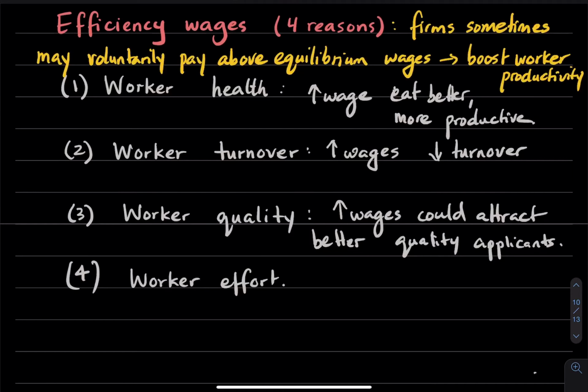Okay, and the last factor here is worker effort. When you're working, you have the option of working and shirking. Shirkers are people who don't work and are lazy at their job. If you're paid a lot more than the market rate, then typically you would work hard, and that's an incentive, because if you lose your job, you know that there are not enough jobs to go around, and it would be hard for you to find work.